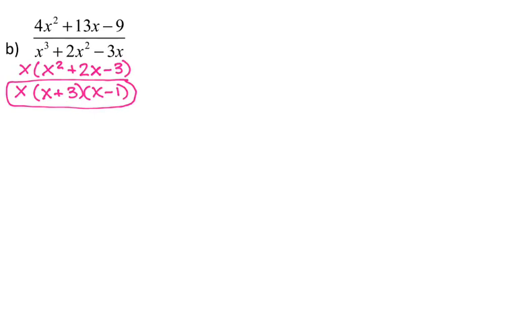Just like I said before, each factor is going to get its own fraction. So I'm going to have A over x plus B over x plus 3 plus, and we had a third factor, which means we're going to have a third fraction, C over x minus 1.